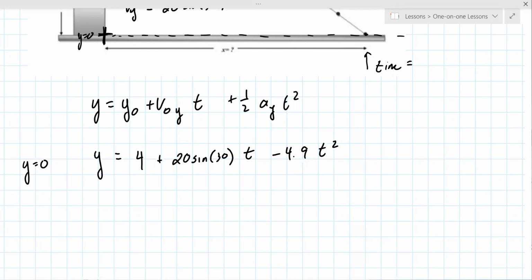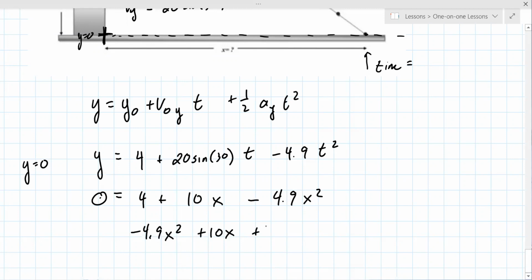So t ends up being negative 4 over 20 sine 30 minus 4.9 t. You're doing this common thing where you're in this physics class and all of a sudden you forget how to solve a quadratic equation. What I mean by that is if I said, hey, could you solve 10x minus 4.9 x squared, or if I wrote minus 4.9 x squared plus 10x plus 4, you would use the quadratic formula, or you would graph this to solve.